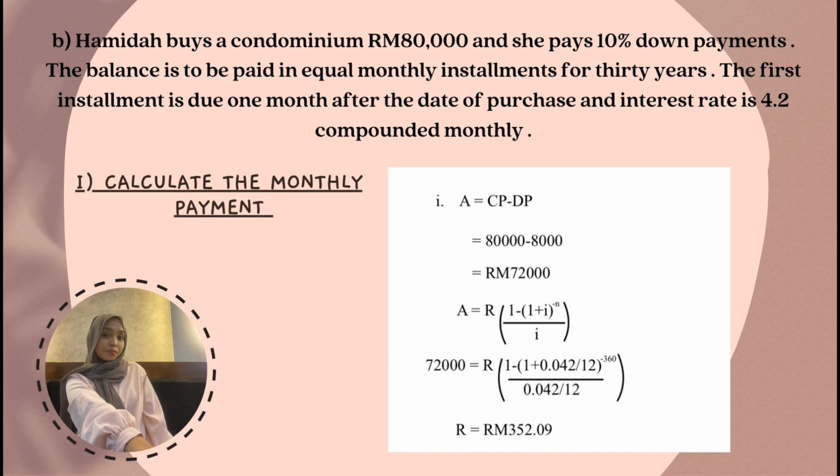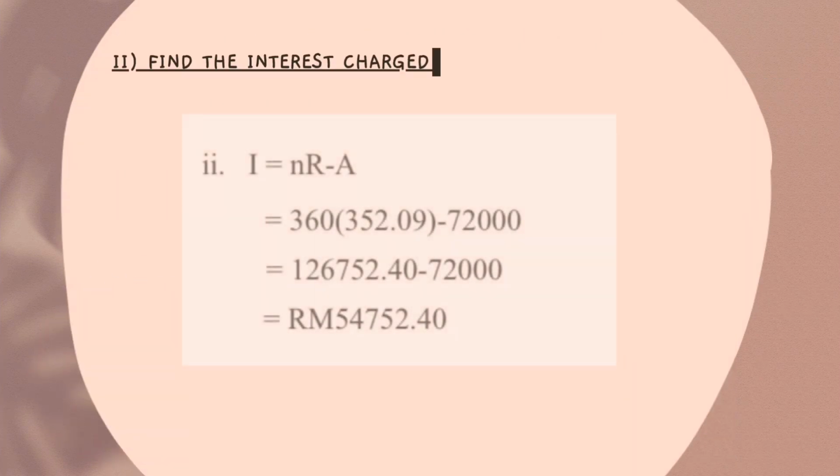A equals R[1 minus (1 plus i) to the power of negative n] divided by i. 72,000 equals R[1 minus (1 plus 0.042 per 12) to the power of 360] divided by 0.042 per 12 and R is 352.09 ringgit.